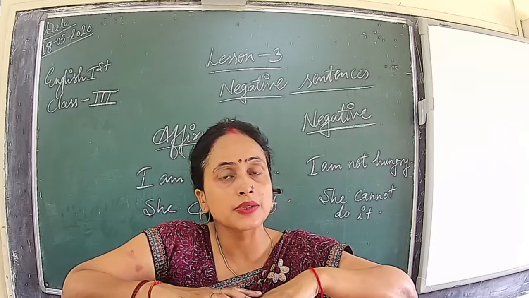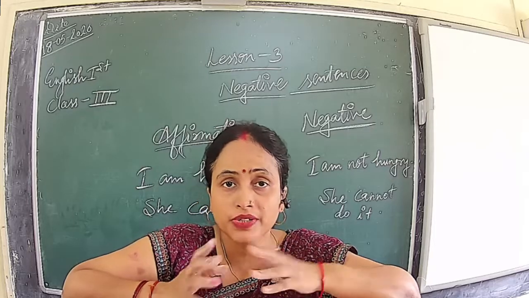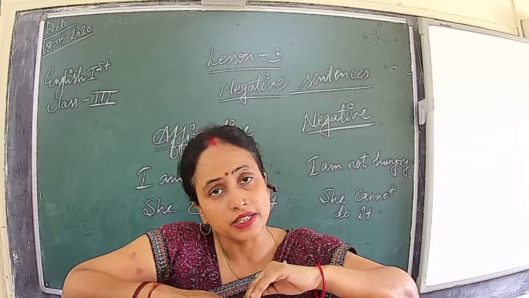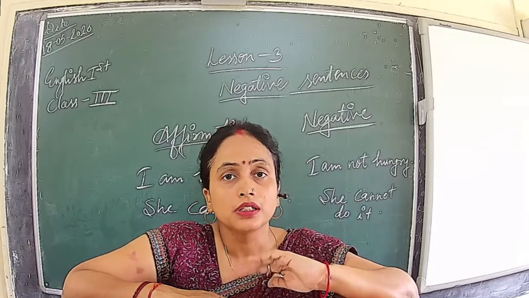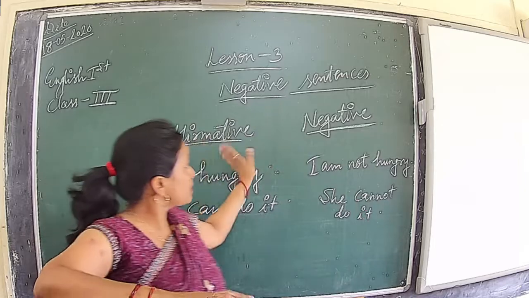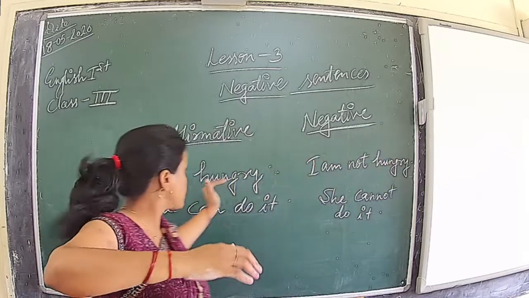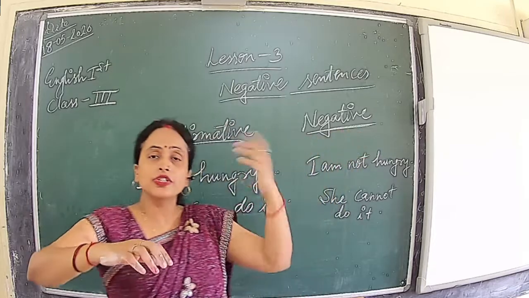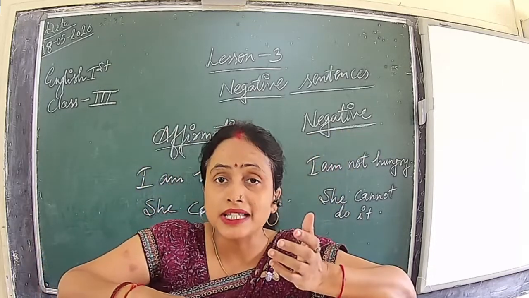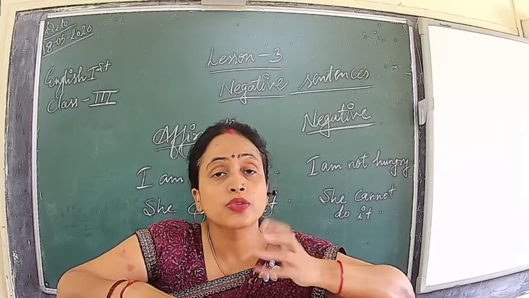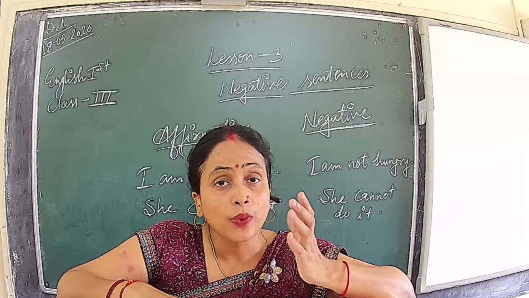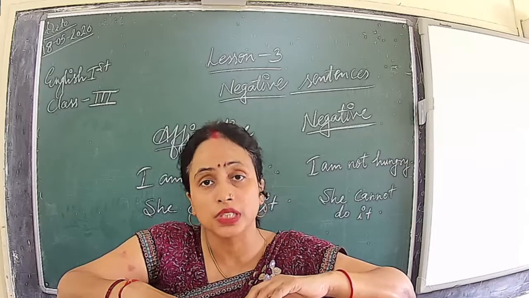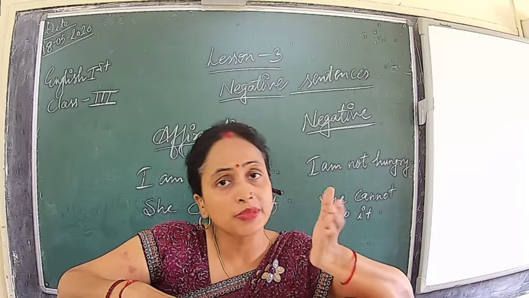Positive sentences are also known as affirmative sentences, and just the opposite of that is negative sentences. So here we will divide into affirmative and negative. Affirmative means positive sentence. Negative sentences are those sentences which show negation, where we use the word not just after the auxiliary verb, just after the helping verb.